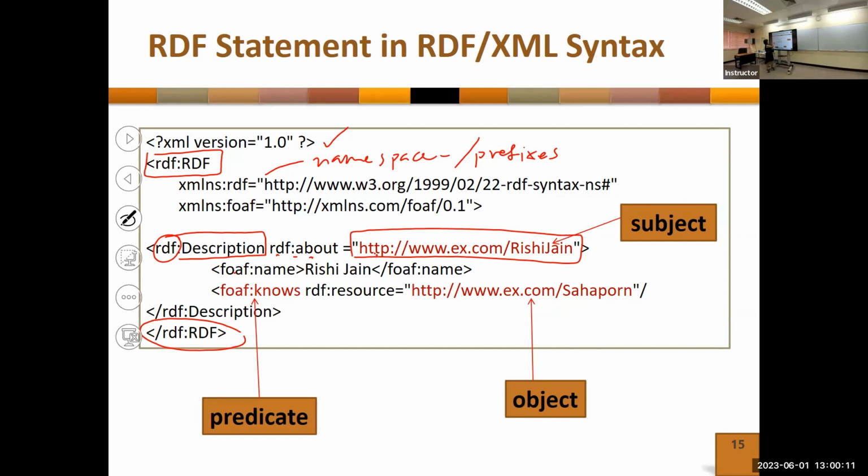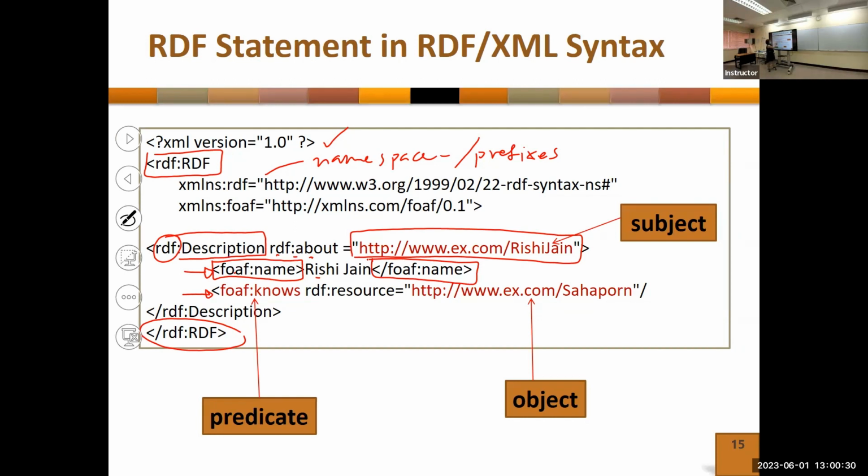Then after this, you can start having any predicate you want to describe, such as name and knows. If it is a literal, you can see that it is foaf:name, Rishi Jane, and then finish the name element, close it.